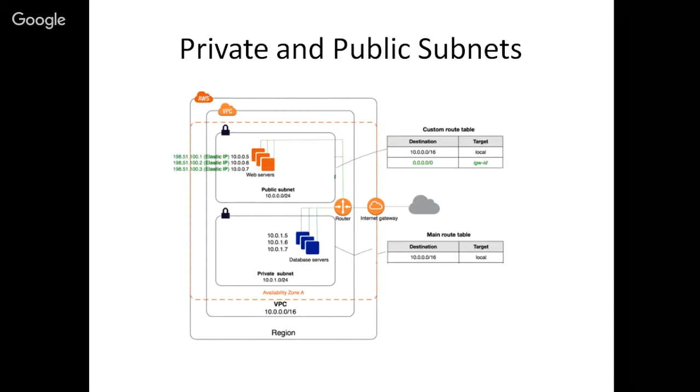See the routing table here. This is the internet gateway and this is the router. See the routing table, so you will get a clear picture of how we have configured the routes.